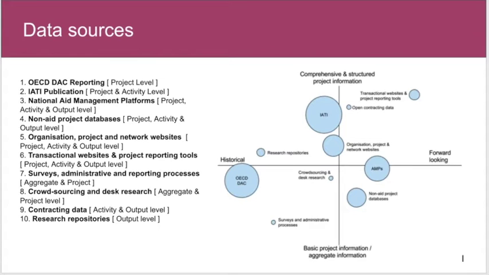So that analysis led us to this graph you should see, where we've tried to plot these types of data sources on a rough spectrum between whether they give us forward-looking data or historic data, and whether they can give us comprehensive information or only very basic and headline information. And the size of the bubble roughly equates to the kind of coverage that source has of the kinds of information we think people are looking for.